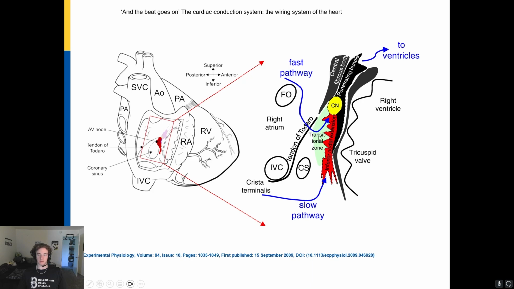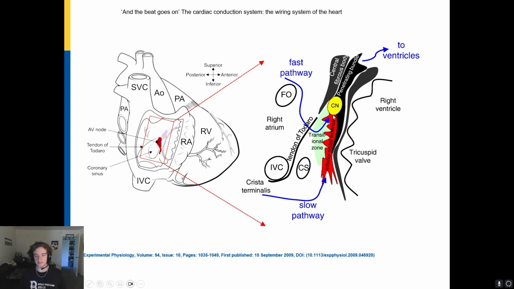So there are these transitional areas, and then into the compact node. The compact node is going to penetrate through that central fibrous body, which is the fibrous part of the interventricular septum. It penetrates through it as the penetrating bundle, and then becomes the bundle of His, and then the Purkinje system.